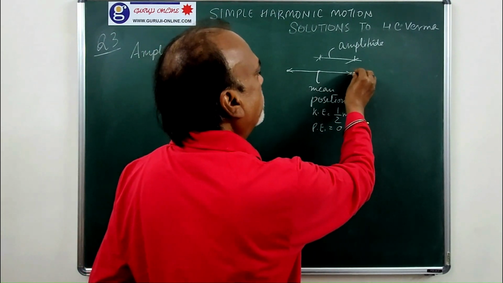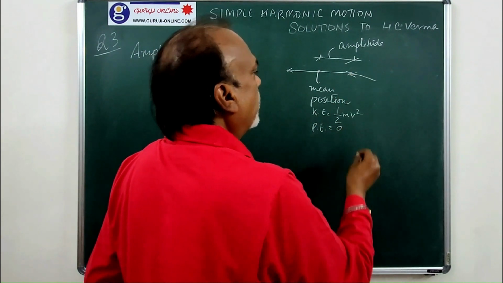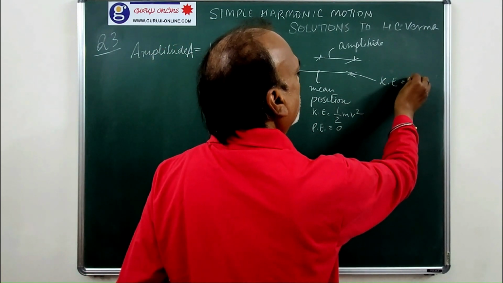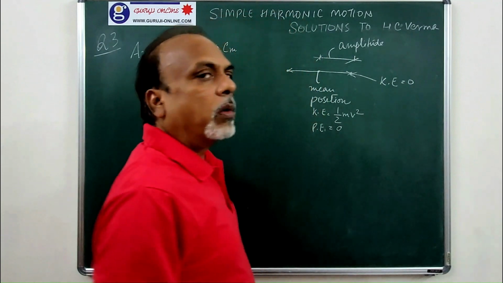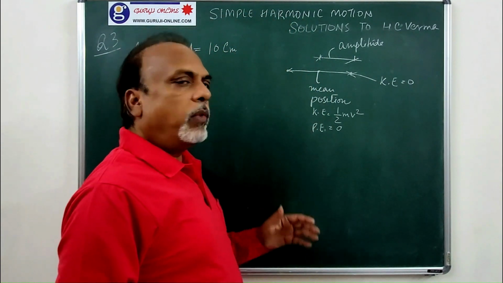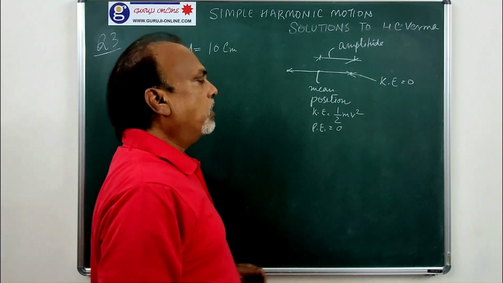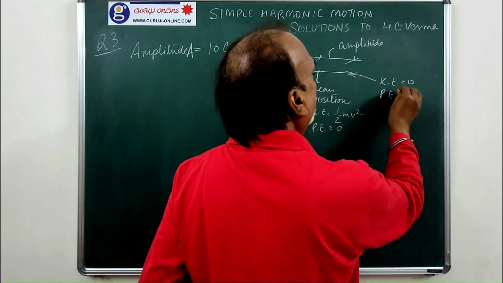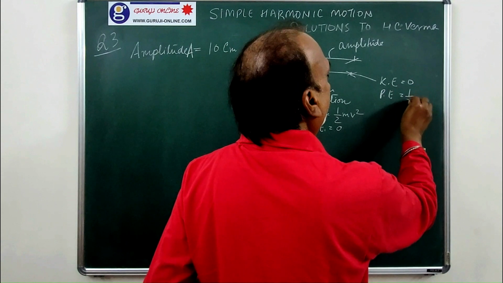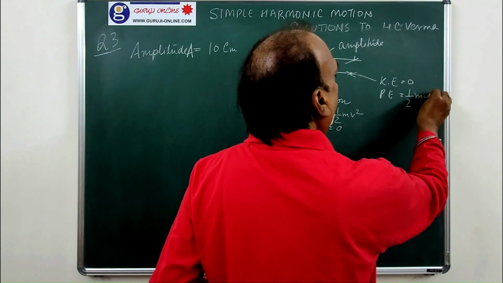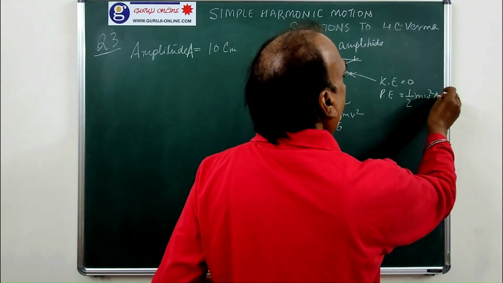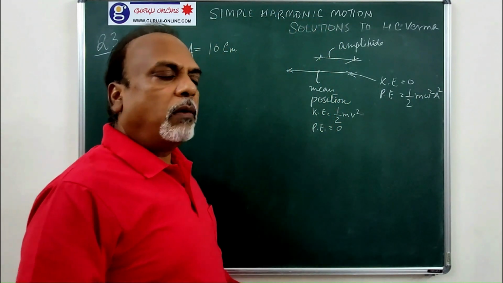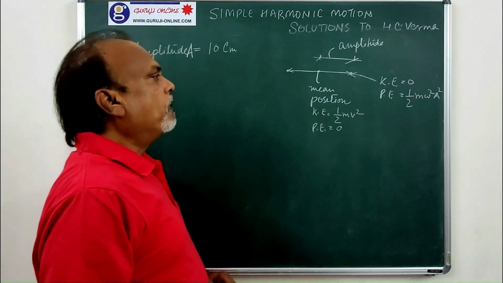And at the extreme position, kinetic energy will be 0, because here the velocity will be 0 and potential energy will be half m omega square a square. This is what we have learned in our earlier classes.